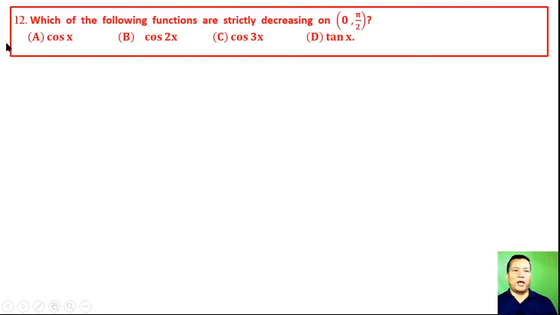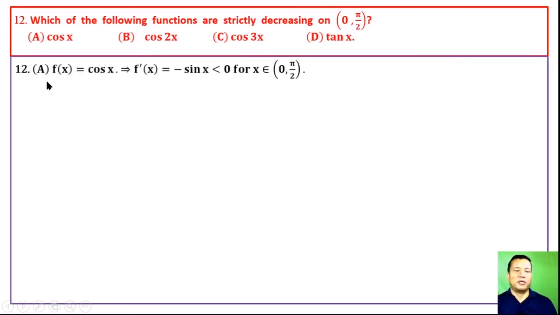For question number 12, which of the following functions are strictly decreasing on 0 to pi by 2? For a, cos x. Here f of x is cos x, whose derivative is minus sin x, which is less than 0 for x belongs to 0 to pi by 2. If x is an acute angle, sine of an acute angle is positive, minus of a positive is always negative, that is less than 0.